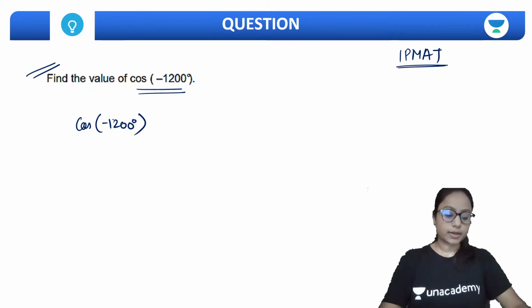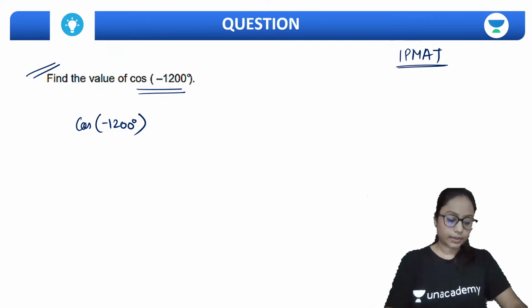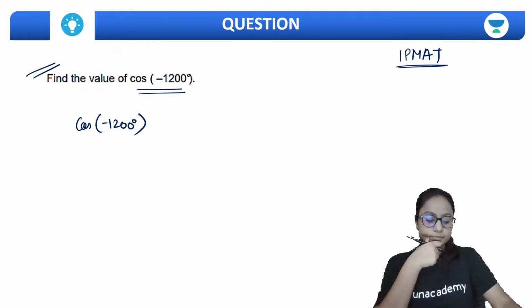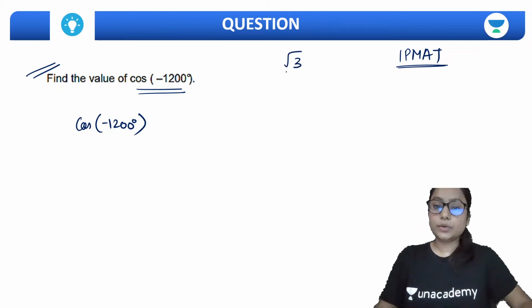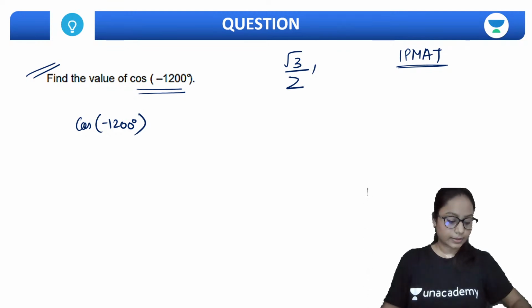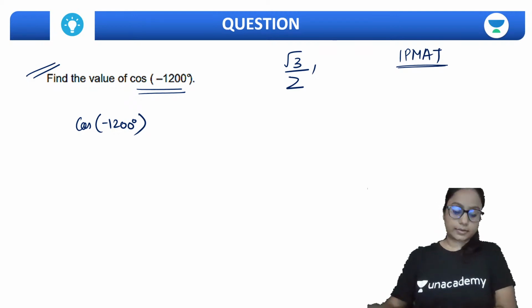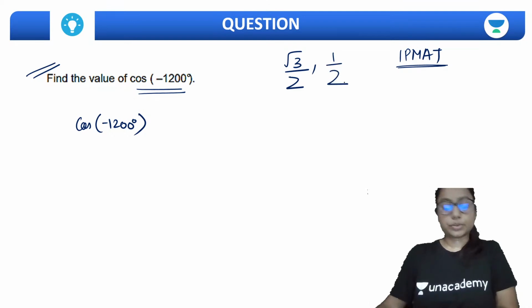Cos minus 1200. Okay, so one answer. Ankit is getting root 3 by 2. Fine. Let's see. 1 by 2, yes. Okay.